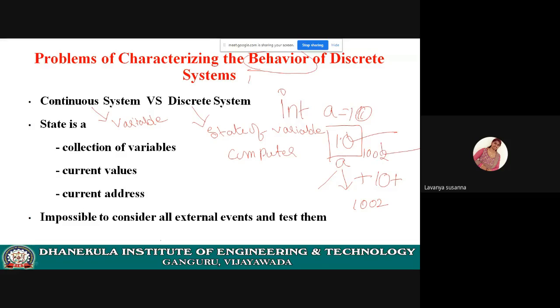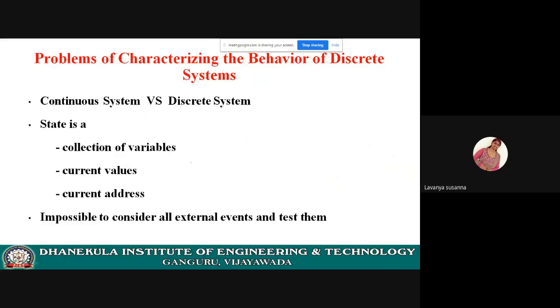This is called the state of the variable. In a discrete system, the state of the variable changes at discrete times only. So you cannot consider all the external systems, and you cannot test by considering all external systems. You can test only by considering some events. You cannot test by considering all external events. Here the complexity comes. Okay, here the four elements are completed.